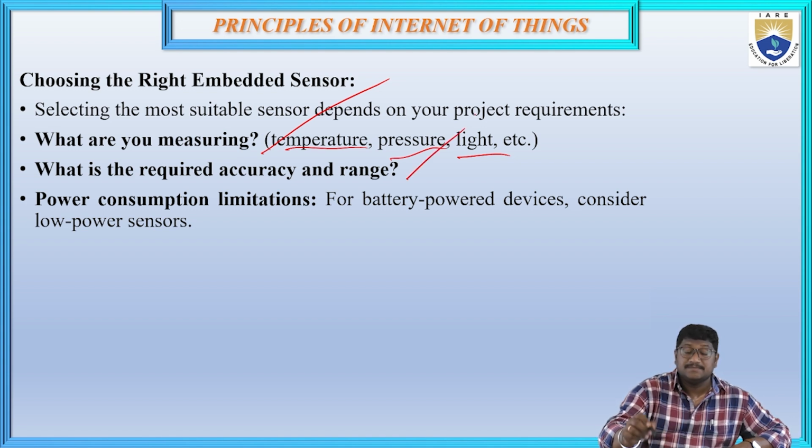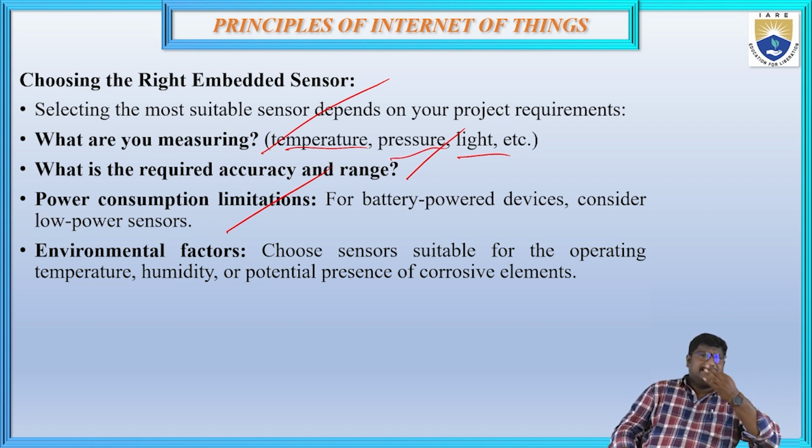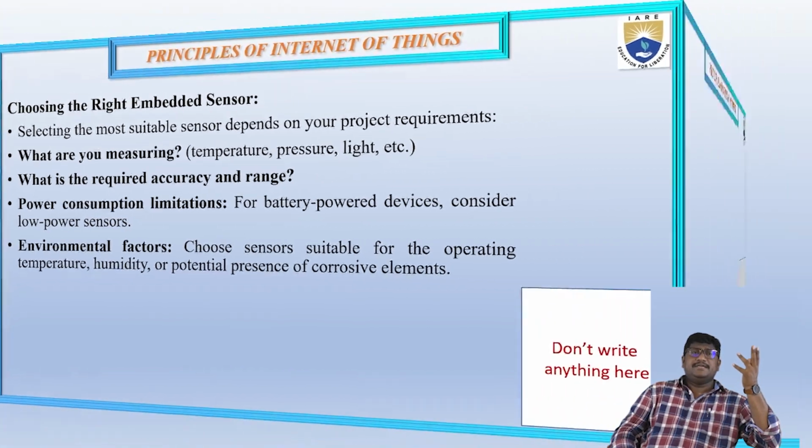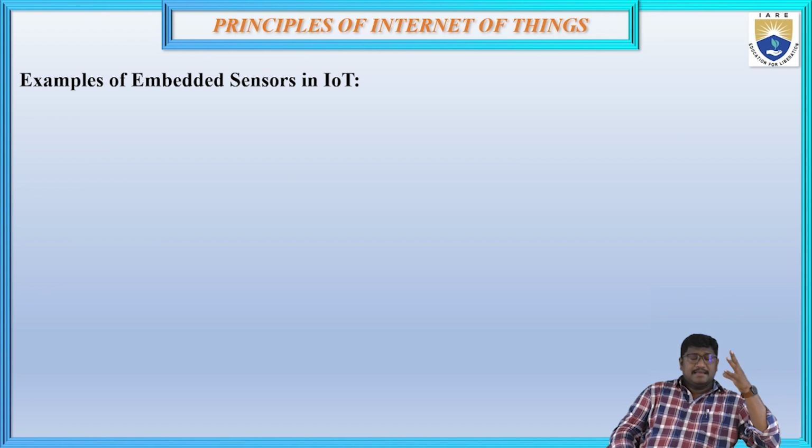The next factor is the required accuracy and the range you need for your project, and also power consumption limitations and environmental factors, such as temperature, humidity and pressure, which can come into play. Based on these four factors, we need to identify the sensor.